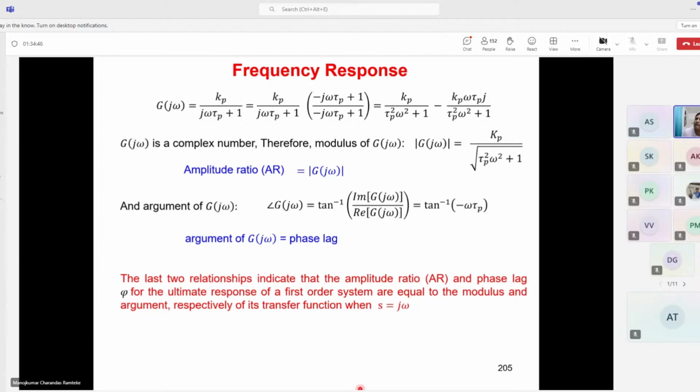When we get a sustained sine wave, tell me, in the complex plane... Remember, we have discussed stability. How do we find out stability? By where the roots are located in the complex plane.